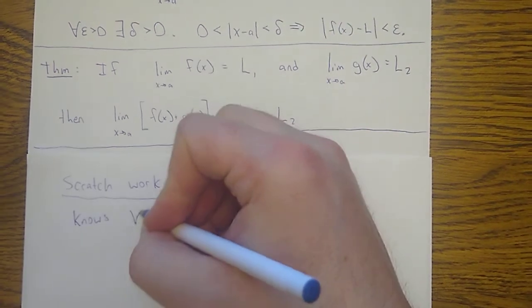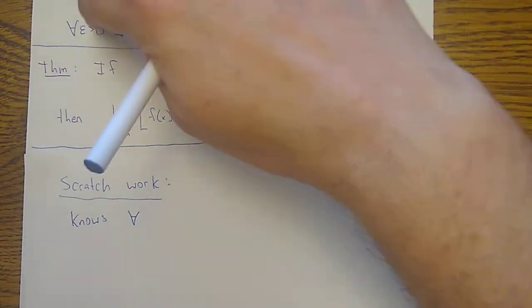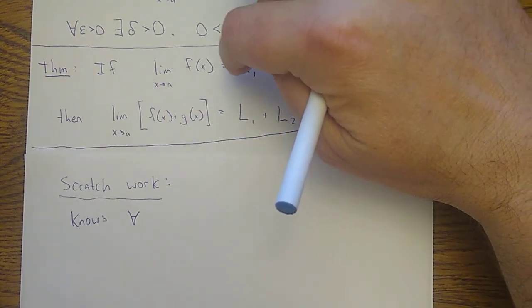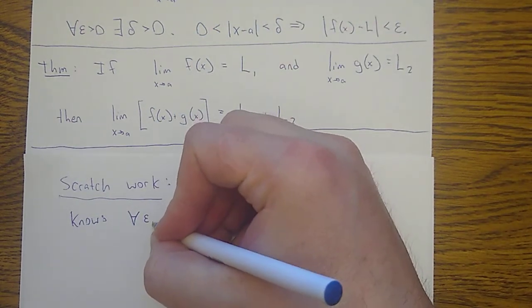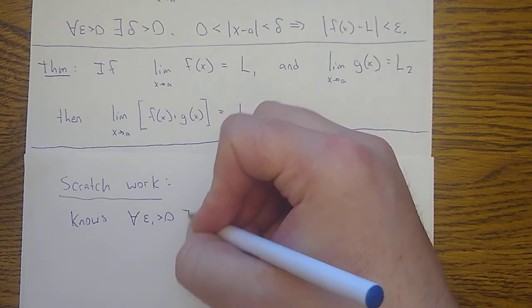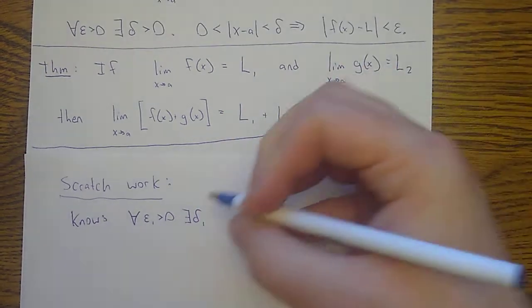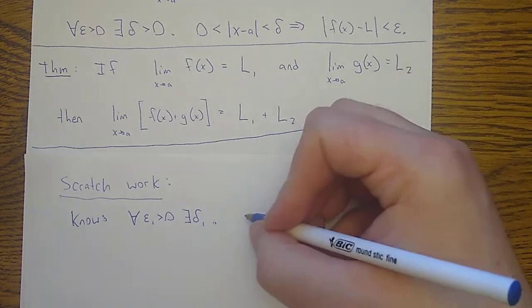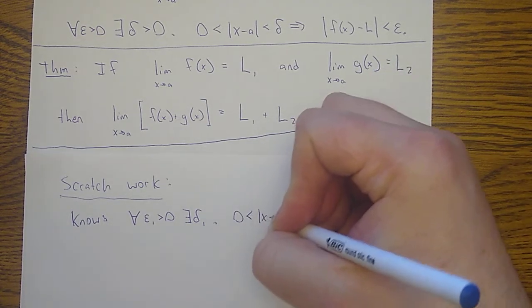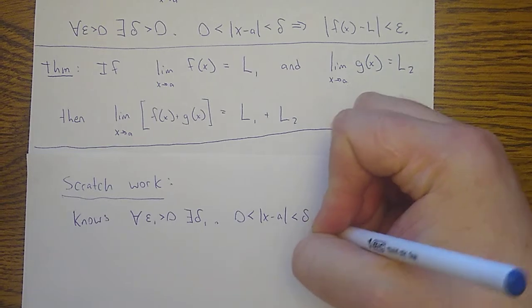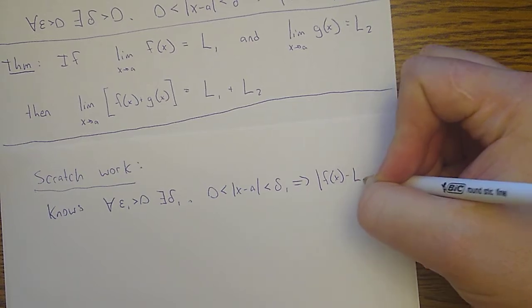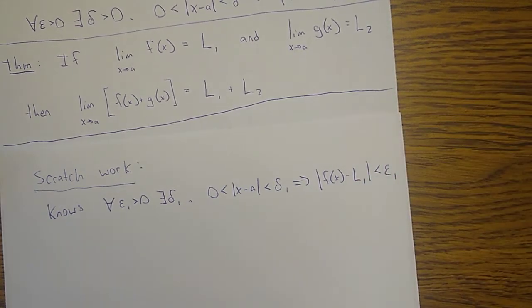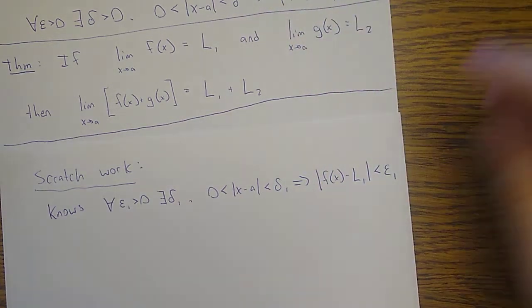I'm going to use the subscript 1 for this situation. So for all epsilon 1, there exists a delta 1 such that this implies this, right? Because I know the limit of f of x is L1.